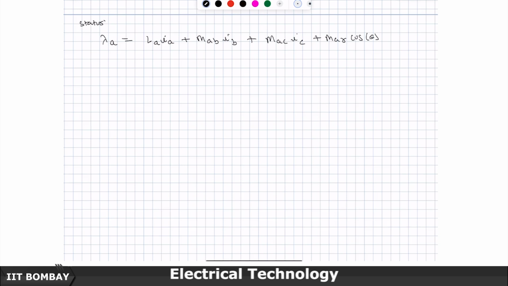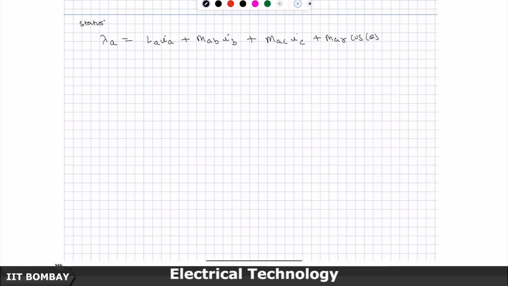distributed but fixed, times, if the angle between the rotor winding which is carrying the DC current and the magnetic axis of the A phase, and this is say a vertical line, this is the magnetic axis of the A phase, this is the magnetic axis of the rotor, theta is the angle between the two.